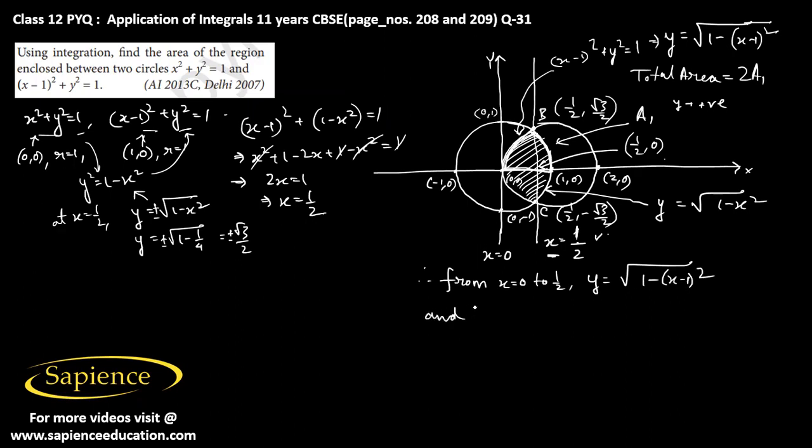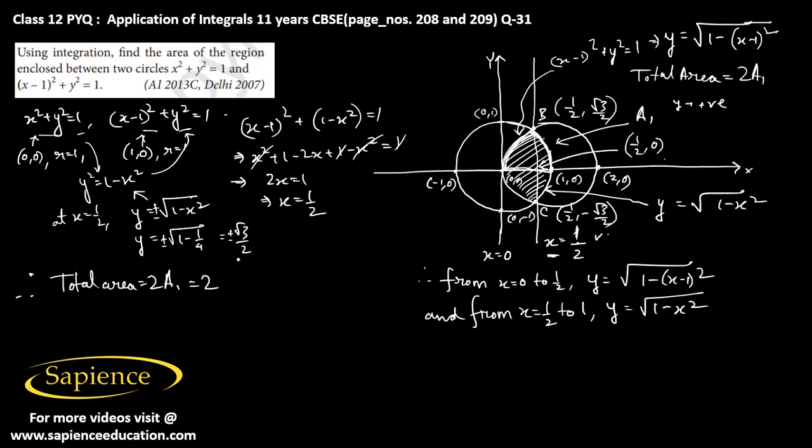And from x equals to half to x equals to 1, we should use y equals to square root of 1 minus x square, yes or no? So therefore the total area, that is your 2A1, will be equal to twice of the integral. So we are integrating along the x-axis, so we should use integral y dx.